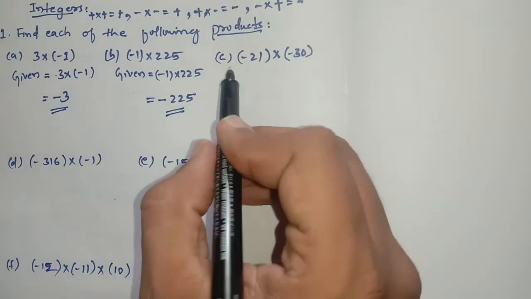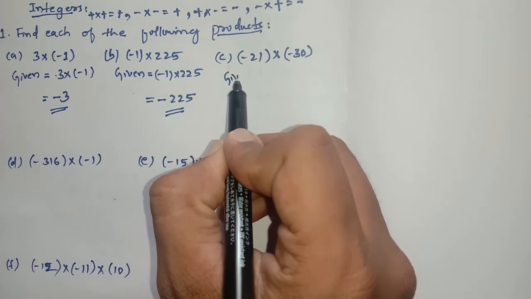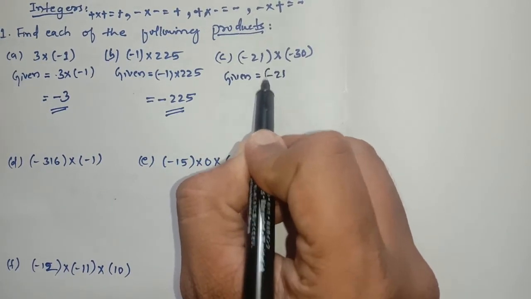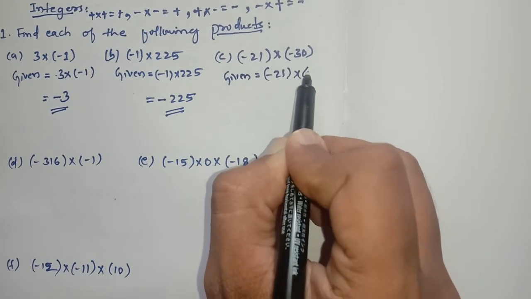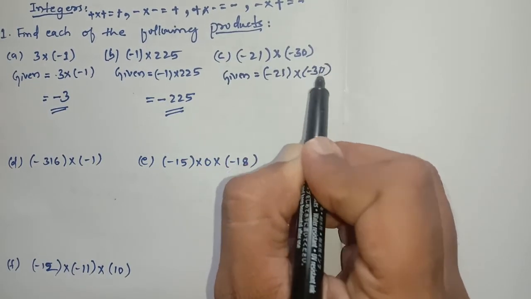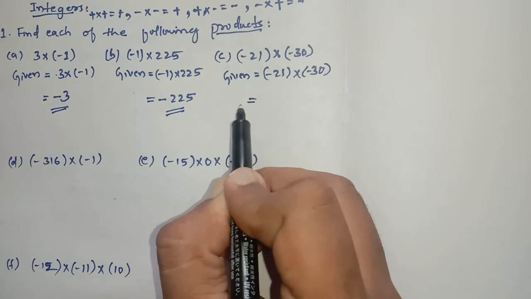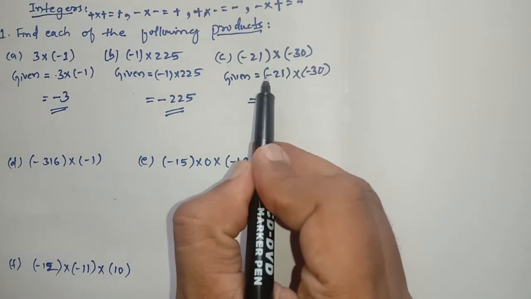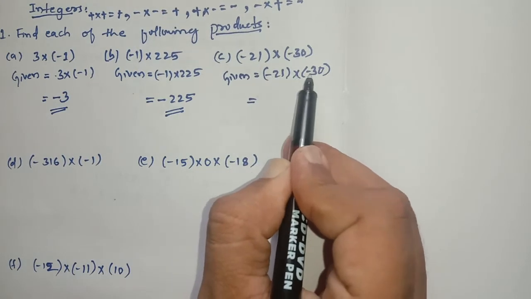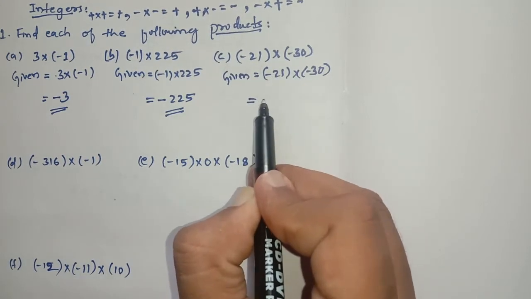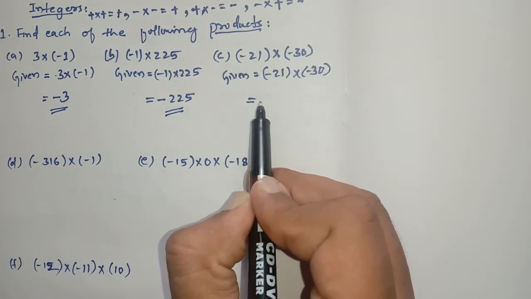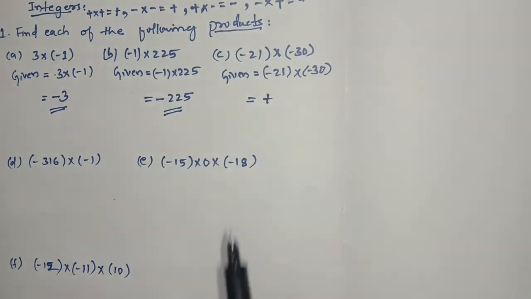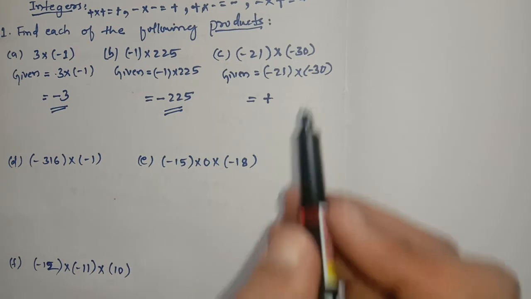Third question, students. First I will write the given: minus 21 into minus 30. As I said, first we have to multiply the sign. Minus into minus will be plus. If you do not write the plus sign, it is also okay, but I am writing it right now.